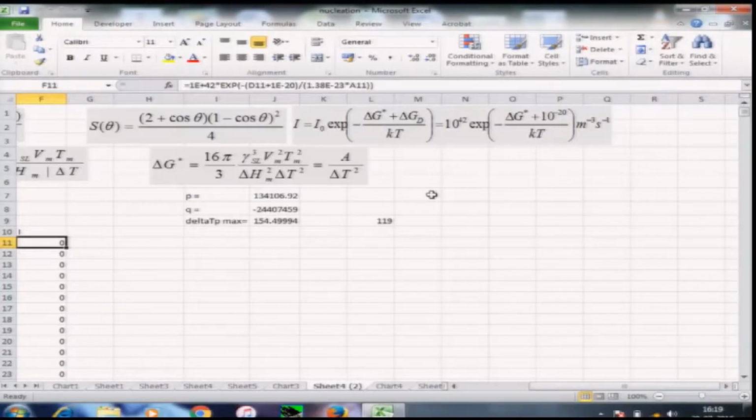The barrier to nucleation is going down, and hence the nucleation rate is going up. But at the same time, if the temperature goes down too much, then for a critical nucleus to become supercritical, an atom has to jump across the liquid solid interface.